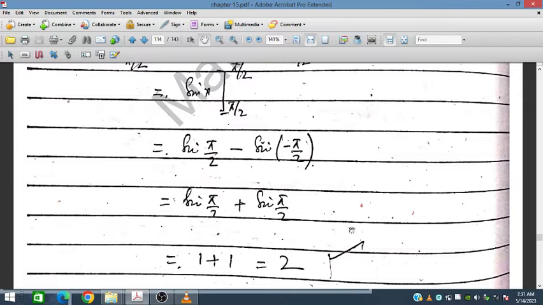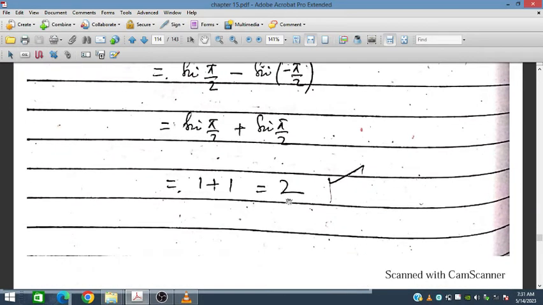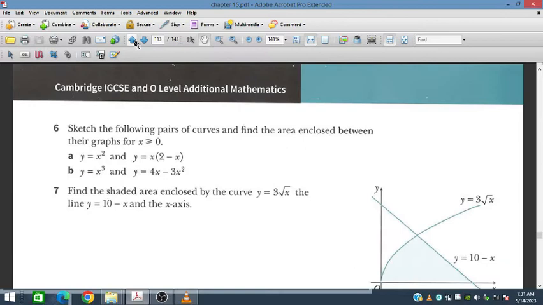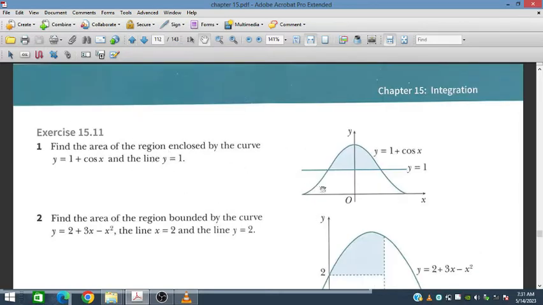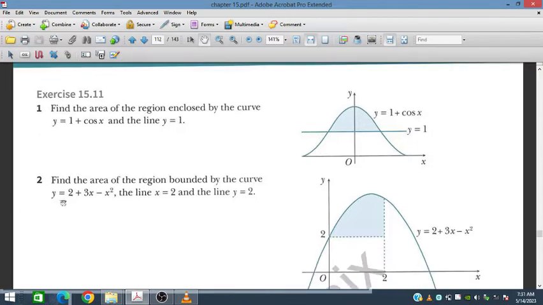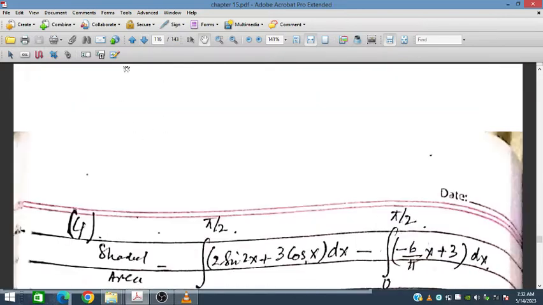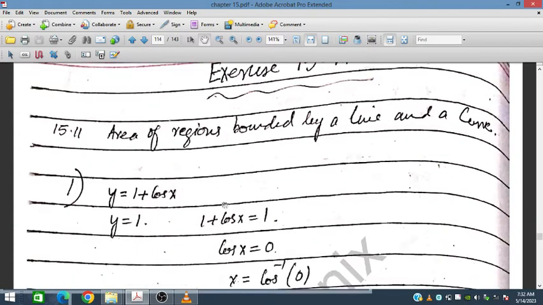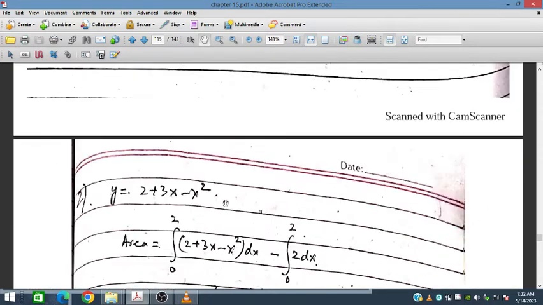So this is question number 1. Now question number 2, the area of the region bounded by the curve and the line. This is question number 2.